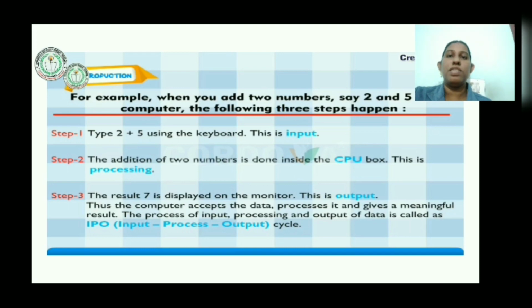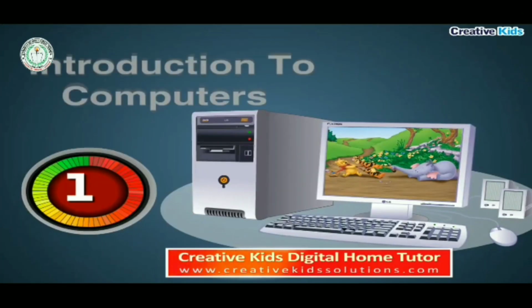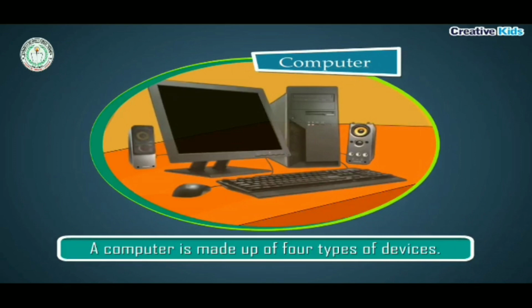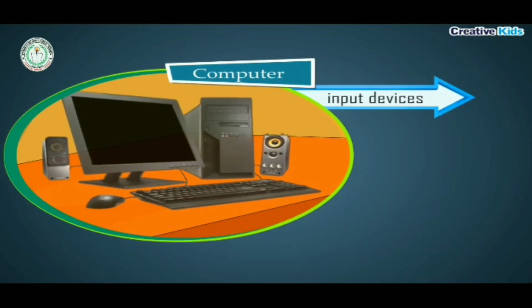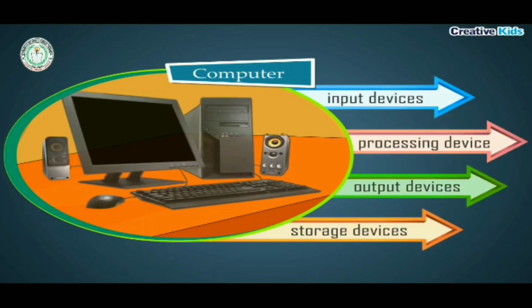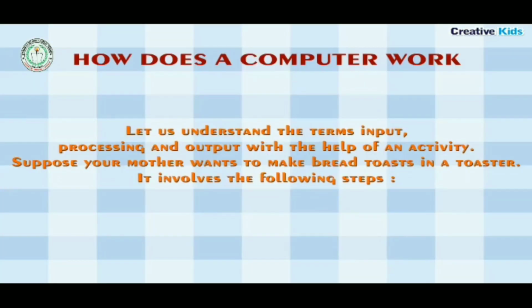Now let us watch a video. Introduction to computers. Introduction. A computer is made up of 4 types of devices: input devices, processing device, output devices, storage devices. Let us understand the terms input, processing and output with the help of an activity.